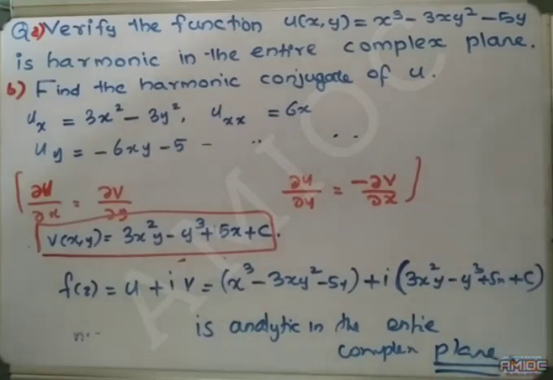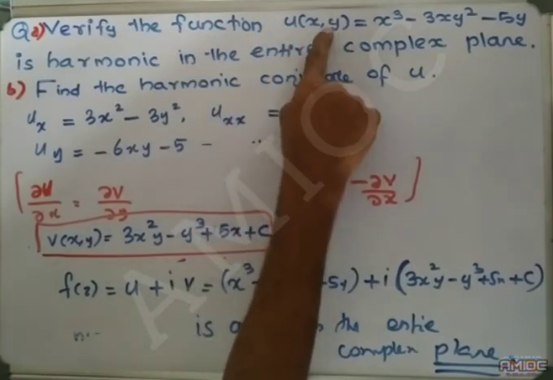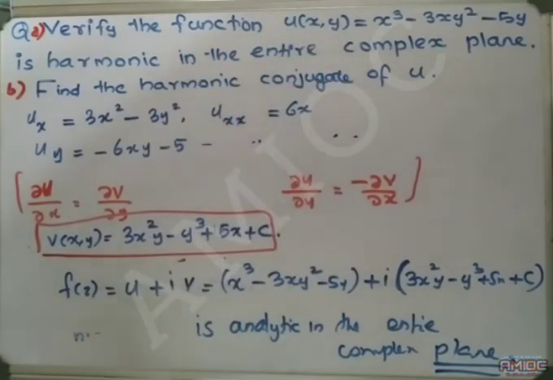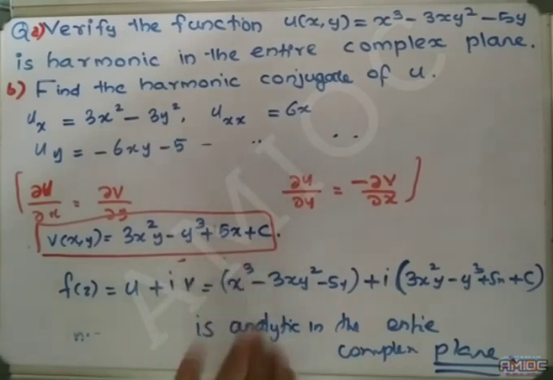Hence the question is over. We verified u is harmonic, and as u is harmonic in the entire complex plane, we can evaluate the harmonic conjugate of u. It is given by 3x²y minus y³ plus 5x plus c.